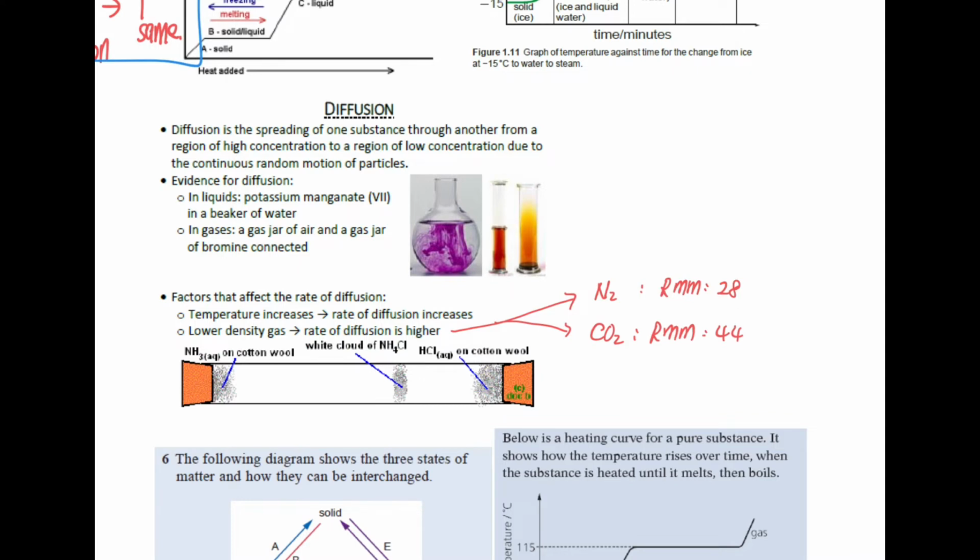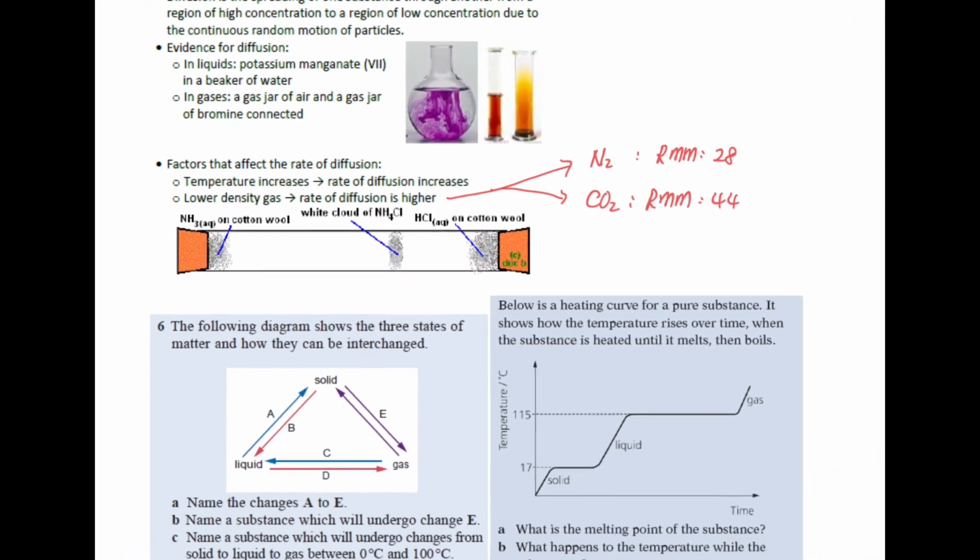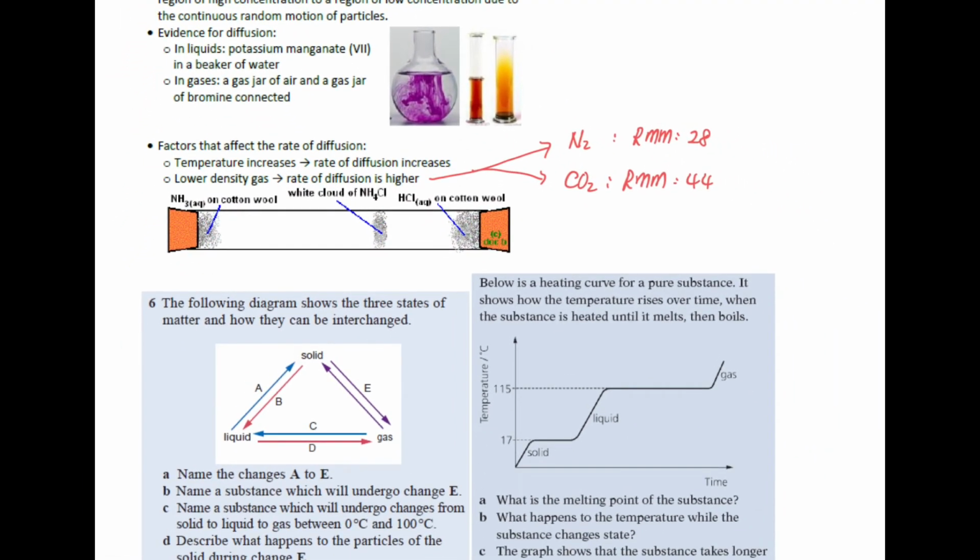Relative molecular mass for carbon dioxide is 44. So nitrogen is lighter, and because of that it has a higher rate of diffusion. Carbon dioxide is heavier, so it has a lower rate of diffusion. So the mass or the density affects the rate of diffusion.